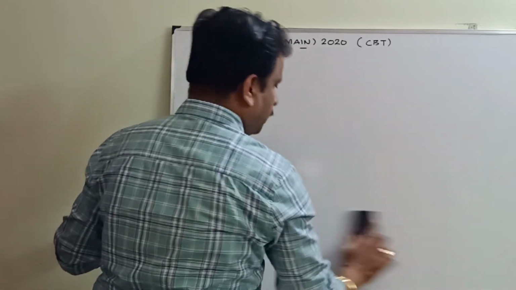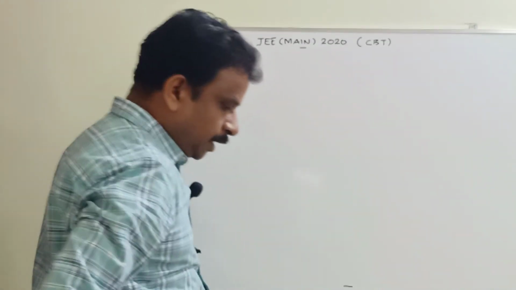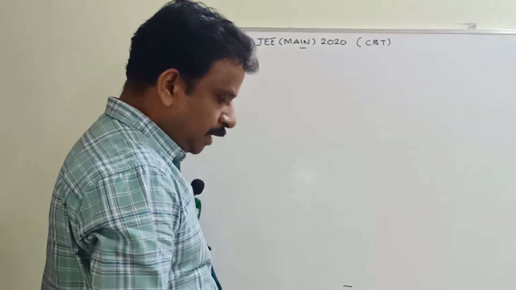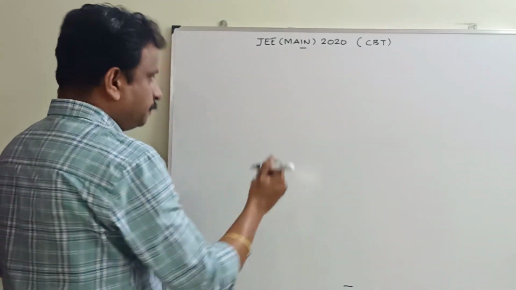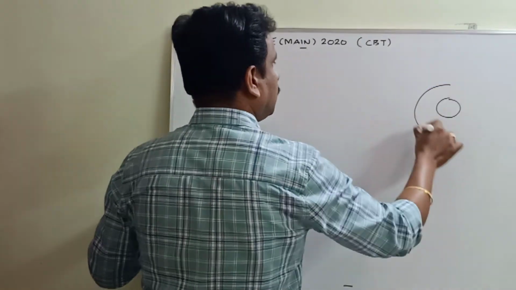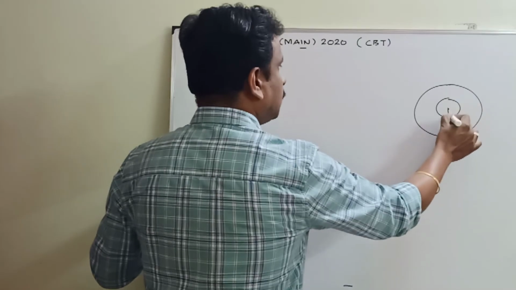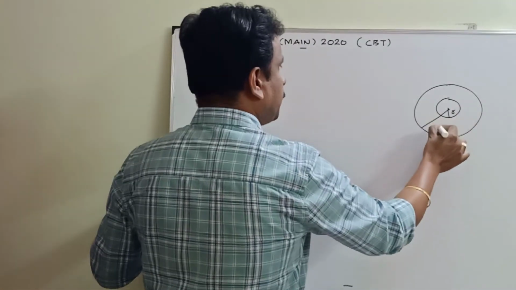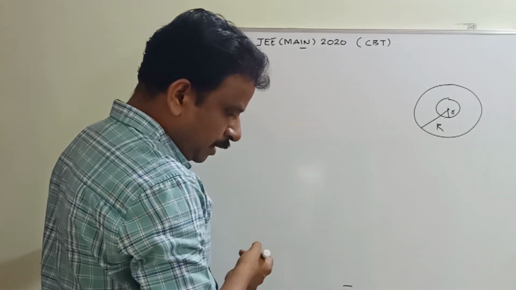So what they have given here: charge q is distributed on two concentric spheres of radius r and capital R. So here we have two concentric circles of radius, one is small r, and this radius is capital R. Charge distribution q is given, right?